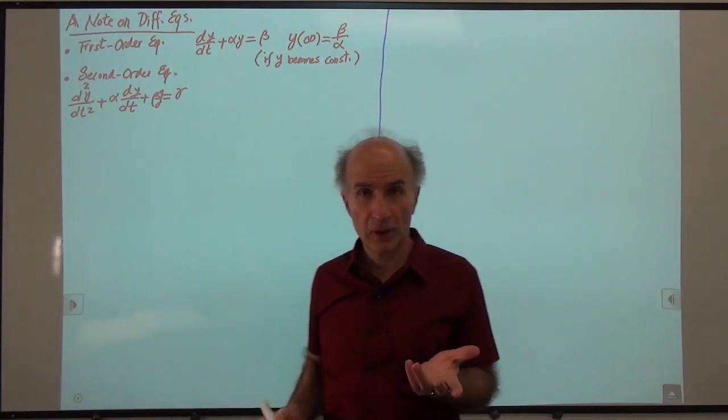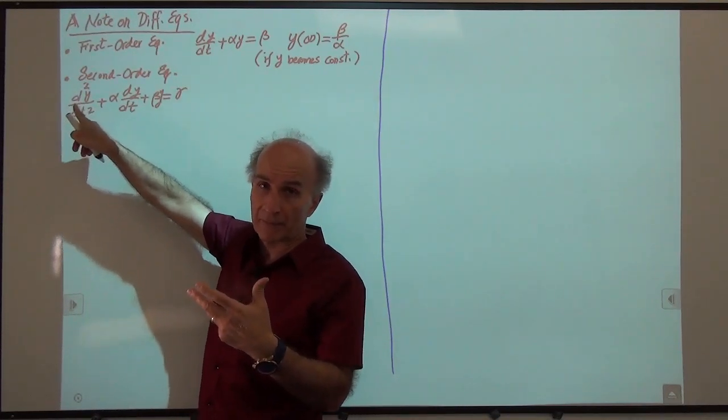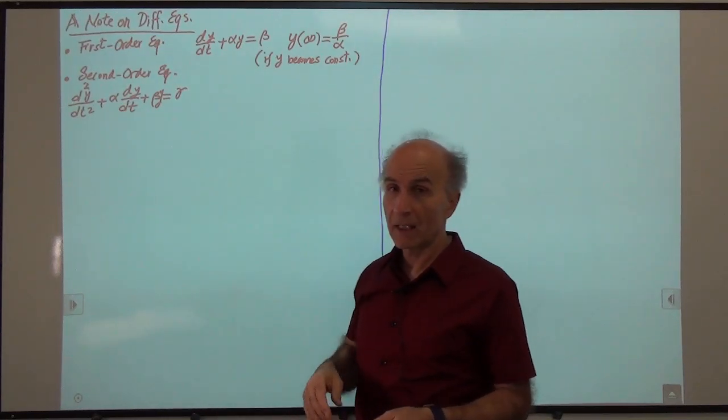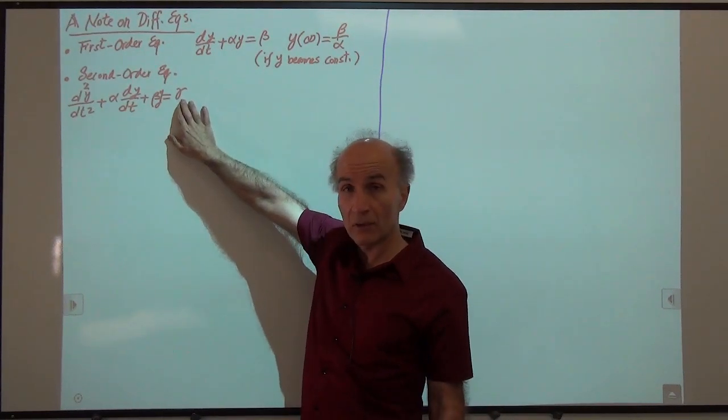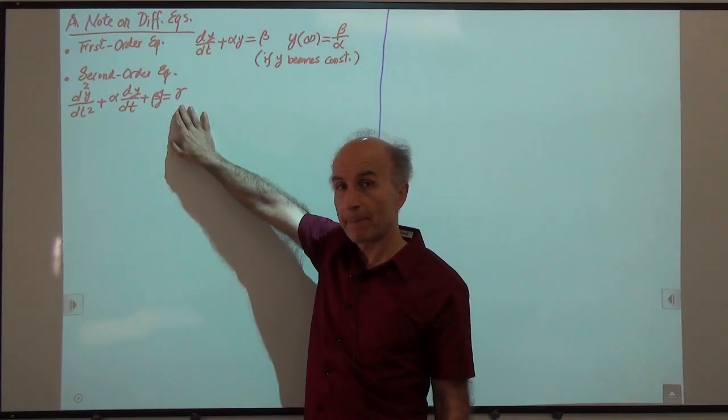This is a general expression because if this factor is not 1, we can always divide by that factor to make it 1. So we have a simple situation, and again here this side is not 0 because there's an input of the form of a step, for example, right?